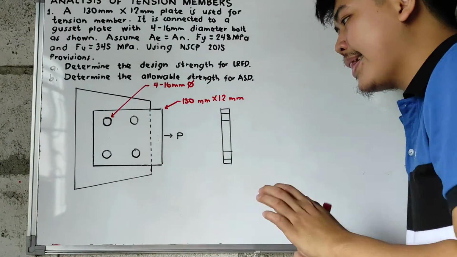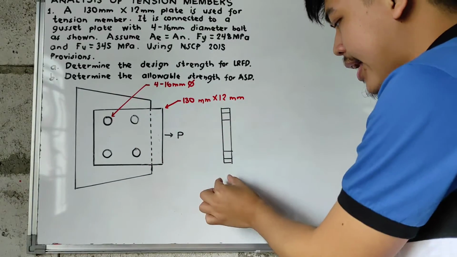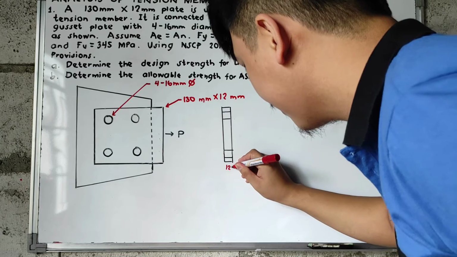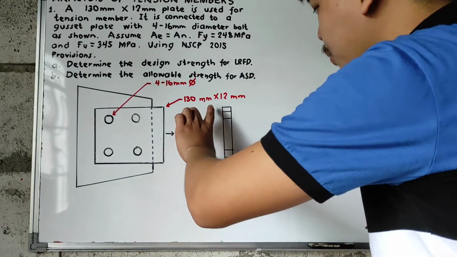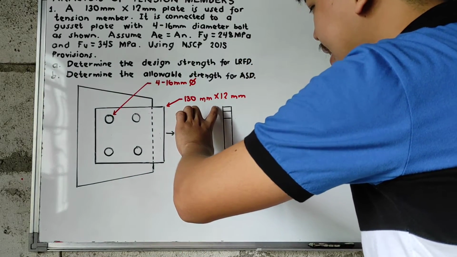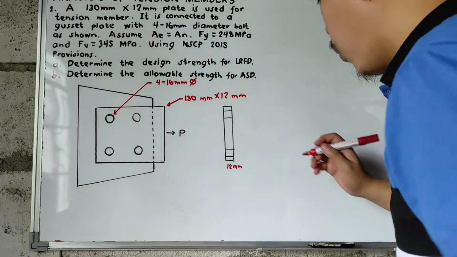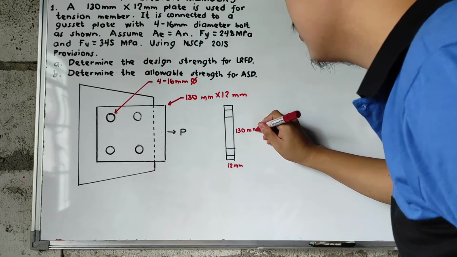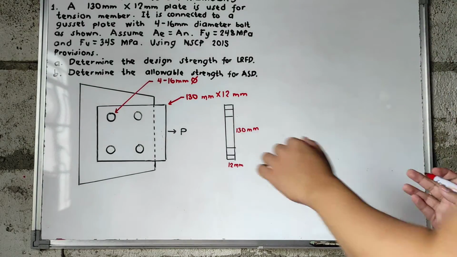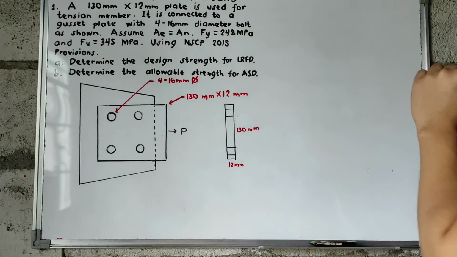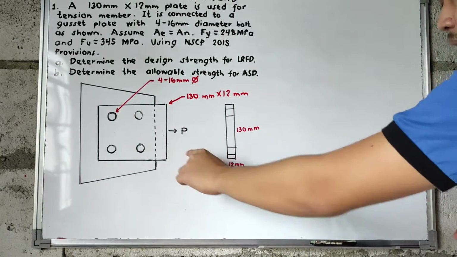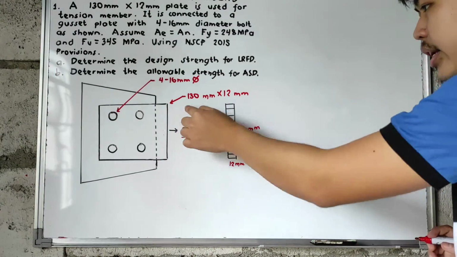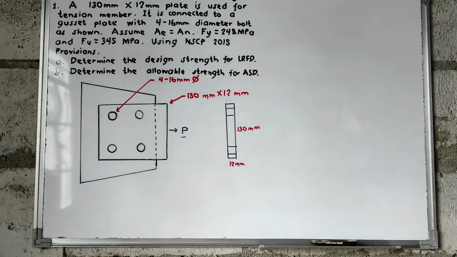If we look at the side, this will now become the 12 mm thickness, and the width of our plate is equal to 130 mm. We will know the members are in tension once we see that the force is acting away from our structural member.